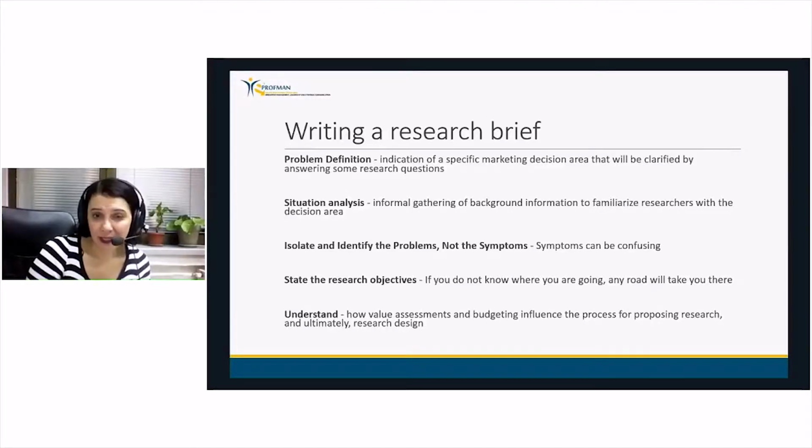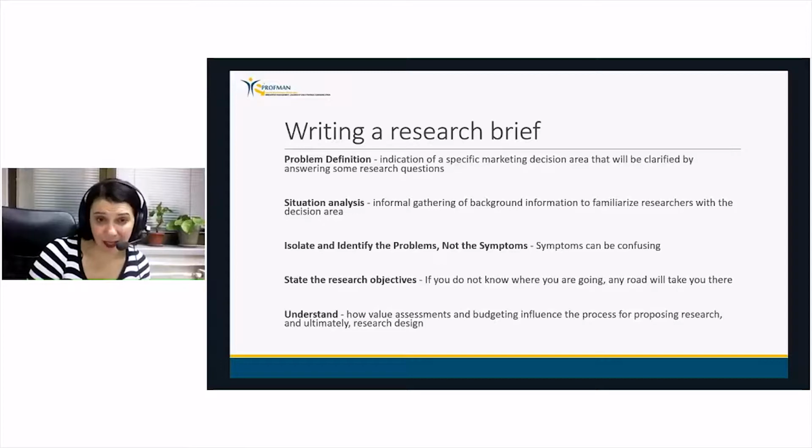The first thing that the research brief addresses is the problem definition. The problem definition is an indication of a specific marketing decision area that will be clarified by answering some of the research questions. And this is the first step in writing a research brief.